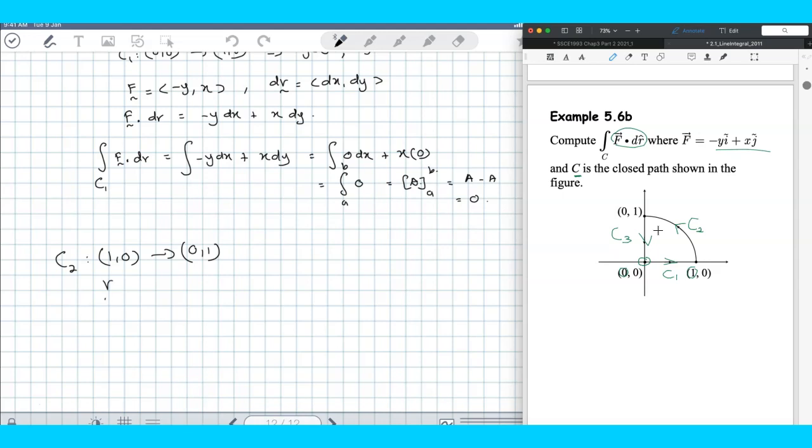So we have to find the function, which in Cartesian is a circle with radius 1, so x squared plus y squared equals 1. As you can see here, the center is at (0, 0).